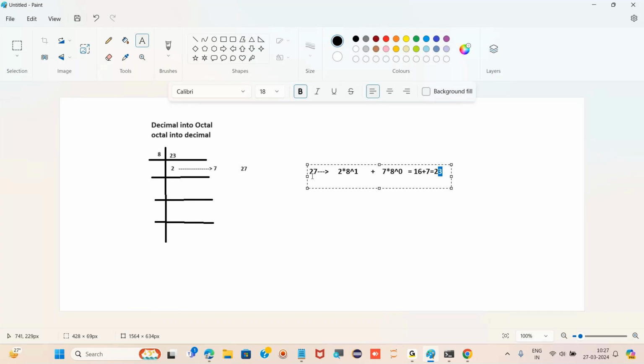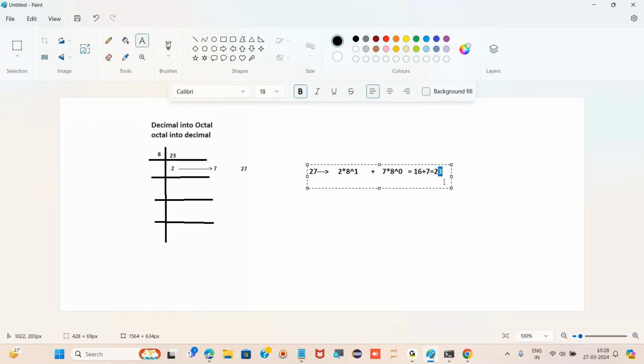Now after converting the same 27, we are trying to convert the octal value into the decimal value. So here it is the octal value 27 of 23, and now we want the decimal value again. So what we are doing here? We are multiplying with the power of 0 and 1: 8 power of 0 multiplied with 7, the individual bit, plus 8 power of 1 multiplied with 2, the individual bit of 2.